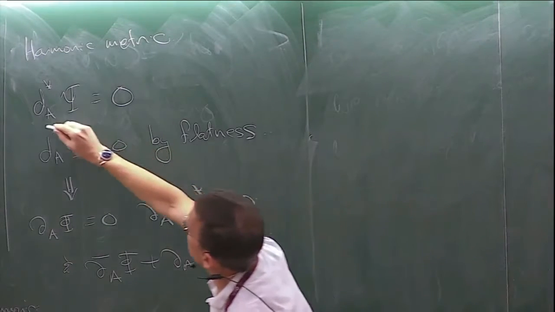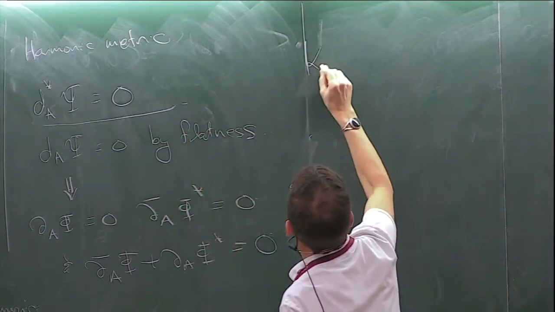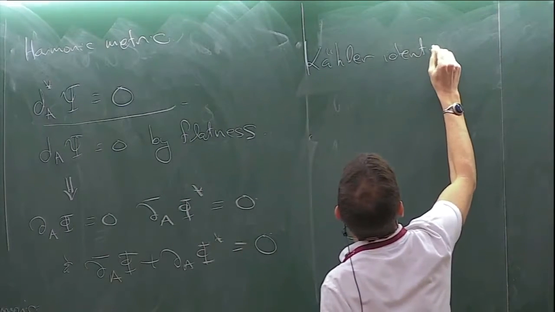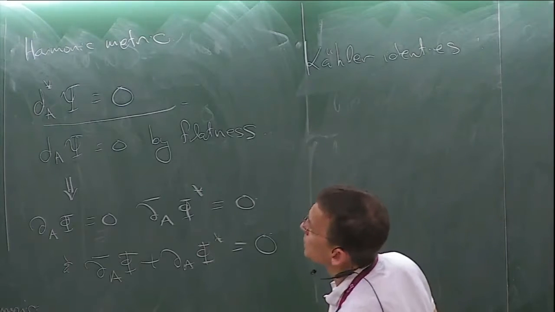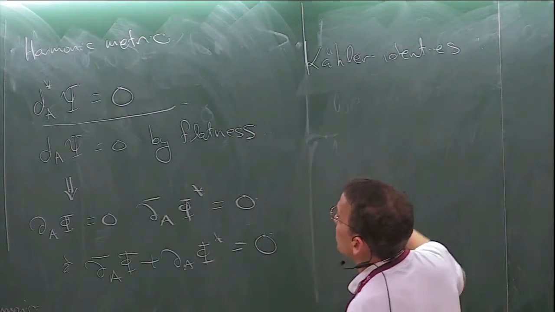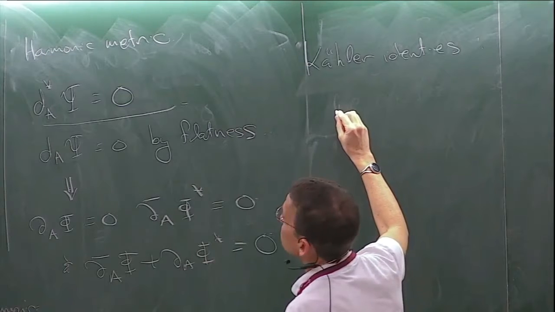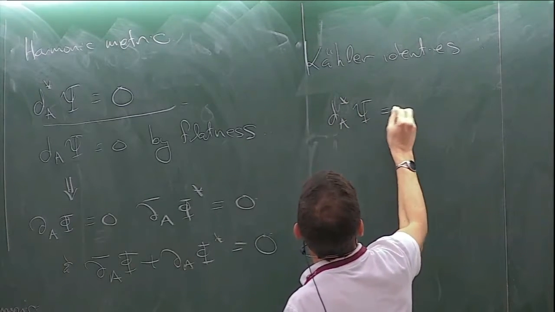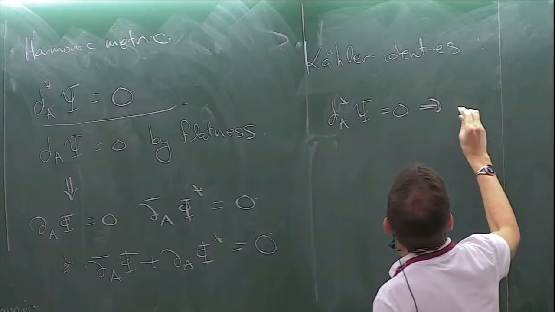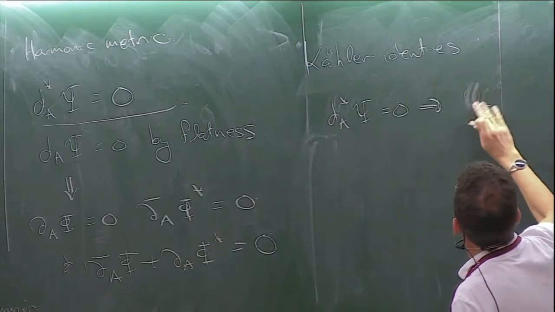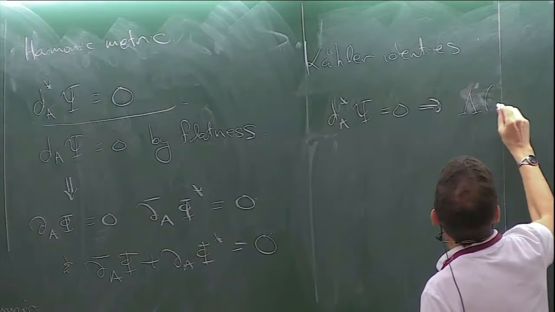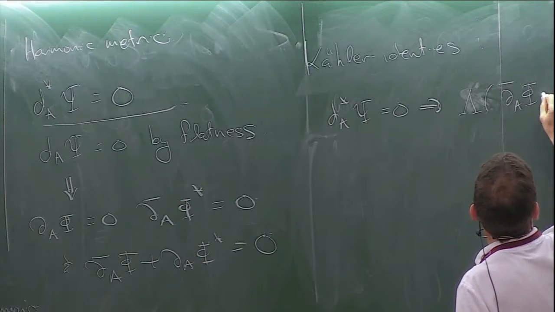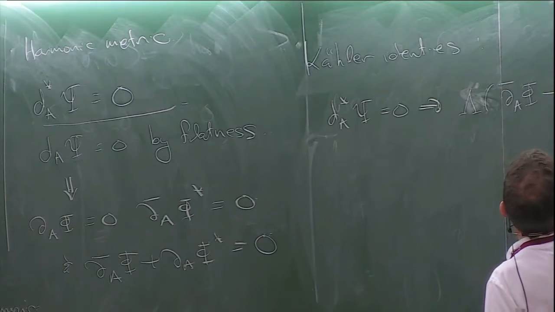And then what does this condition say? So here I have to use the Kaehler identities. By the Kaehler identities, I know that dA star equals 0 implies that lambda del A minus del A phi star is 0.